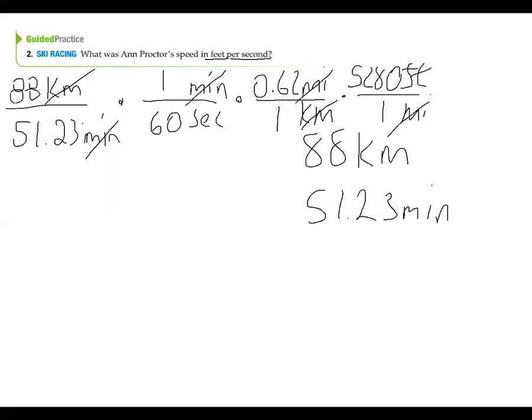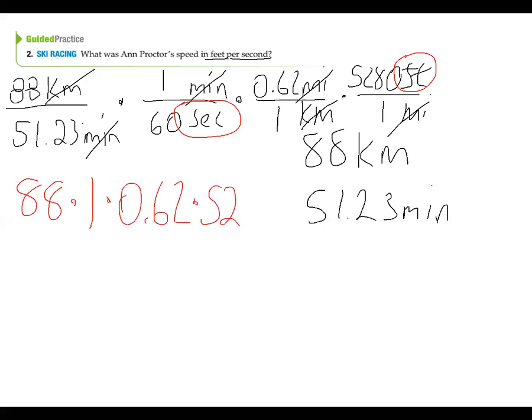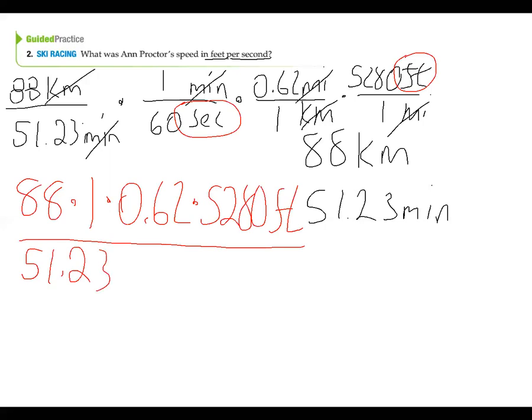All right, so the minutes cancel, then I got my kilometers to cancel, and I got my miles to cancel. Now, if you look, the only units that remain are seconds and feet, and since the numerator is feet, it'd be feet per second. So your problem would be 88 times 1 times 0.62 times 5,280 feet over 51.23 times 60 times 1 times 1 seconds.